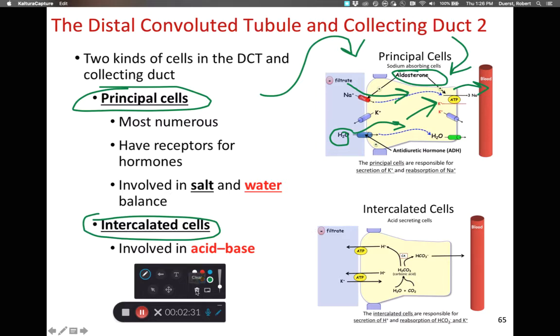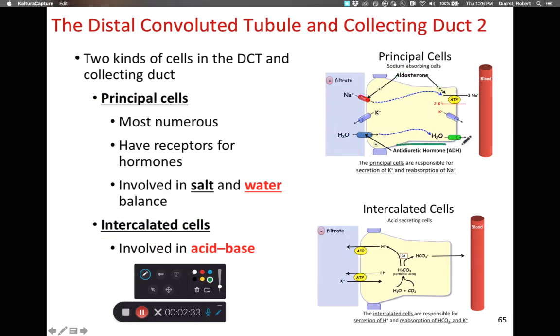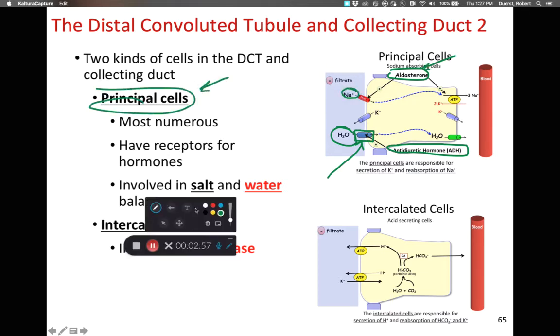As we look at antidiuretic hormone, ADH, the effect it has on the principal cell is that it causes the cell to develop an increased concentration of aquaporins. So in response to ADH, water will be absorbed directly. In response to aldosterone, sodium is absorbed directly by those principal cells.